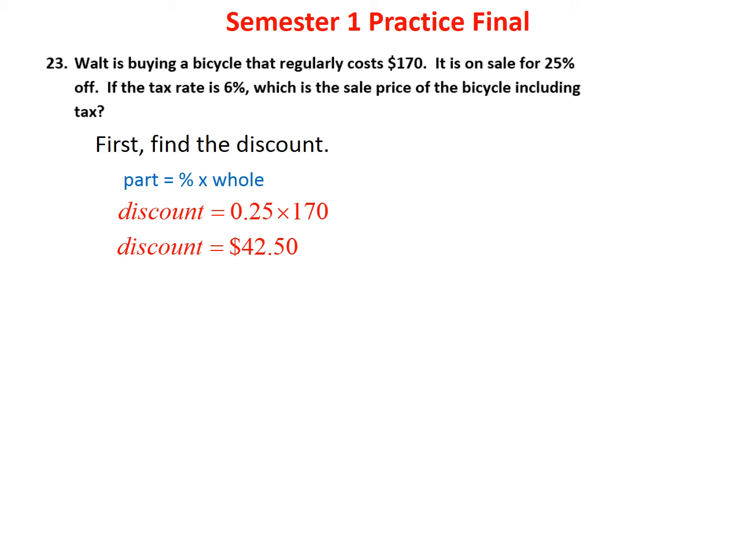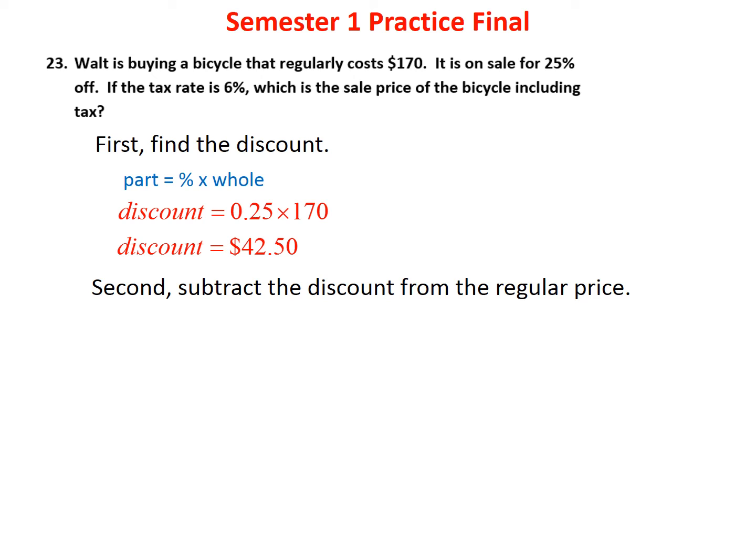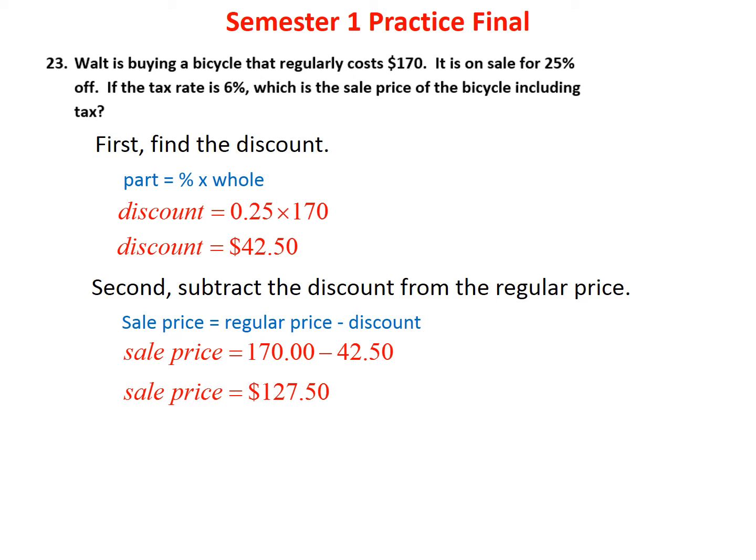That's how much we get to take off of the price. So the sale price is the regular price minus the discount. So 170 where we started minus 42.50 means that our sale price is $127.50. That's how much they're selling the bike for now.